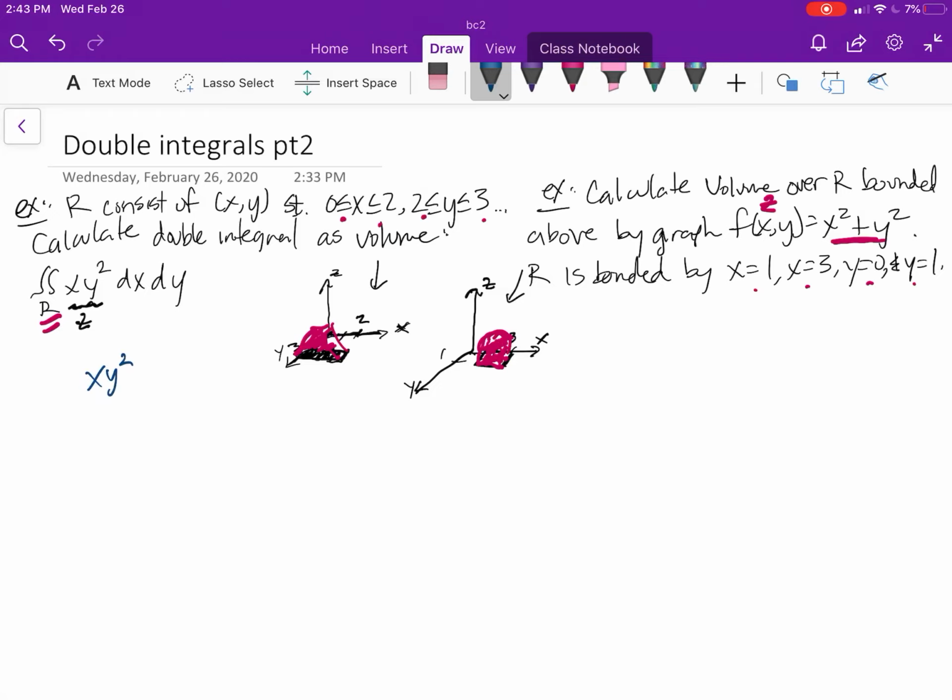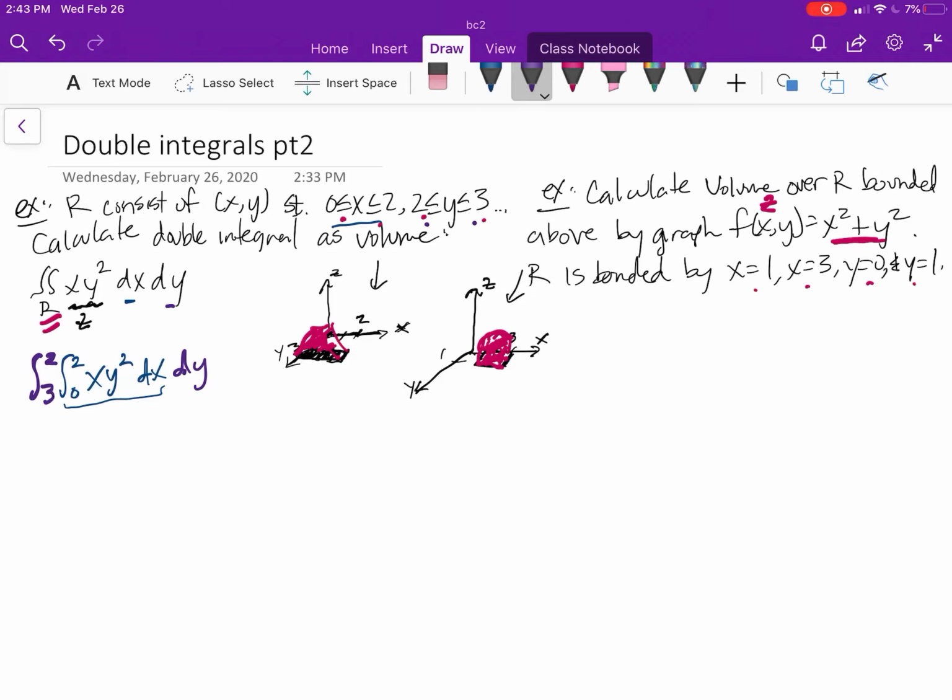So we have xy squared. Notice dx is the inner function, right? Well, that means then that this integral, the inner one, should be from 0 to 2 because that's our x here. And then when we do dy, that ranges from 2 to 3.